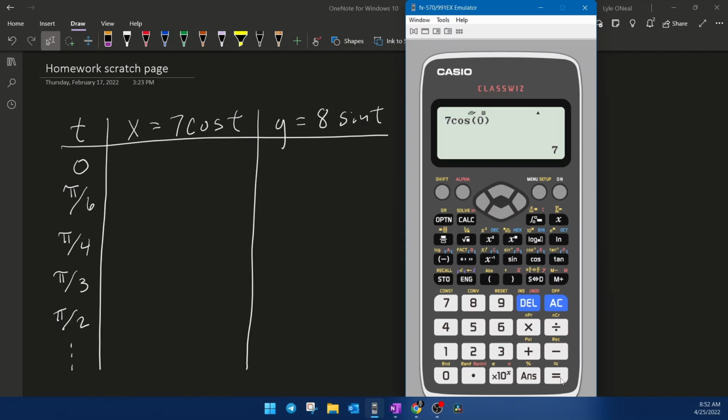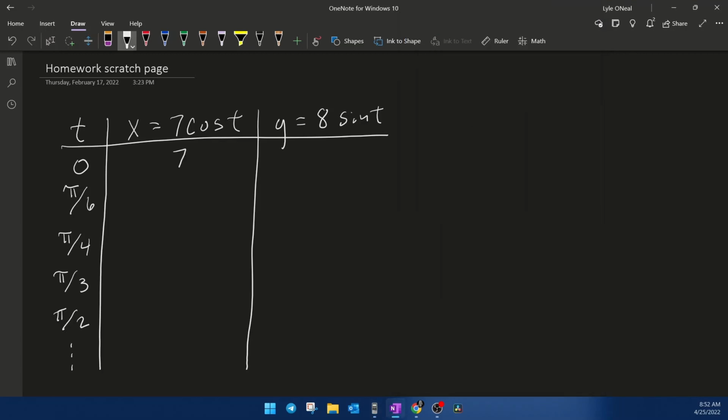And then 8 sine of 0 will be our first y coordinate, which is 0. Now we can write that down in our scratch work, 7, 0. And that should be a point on the graph.